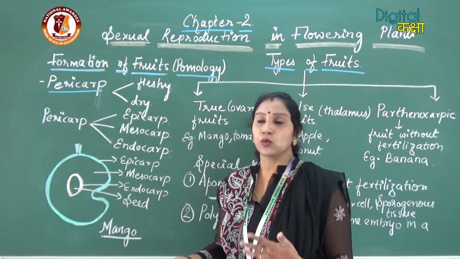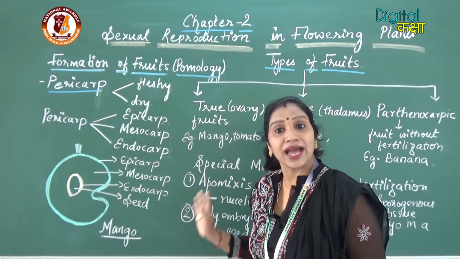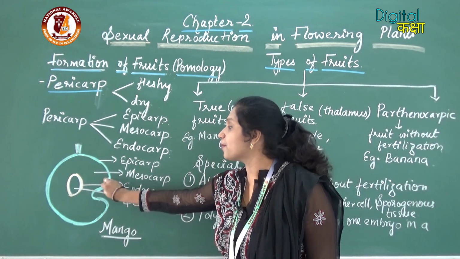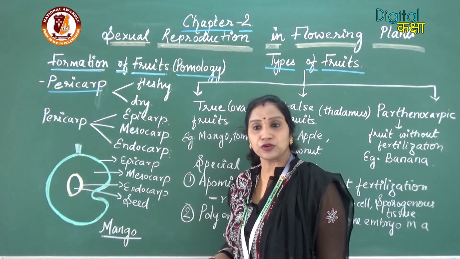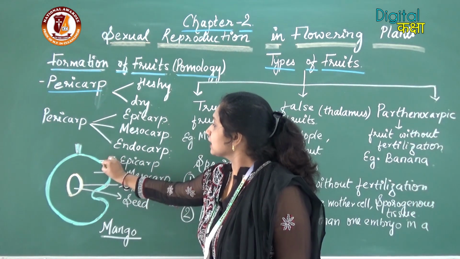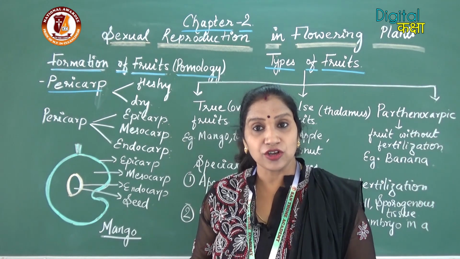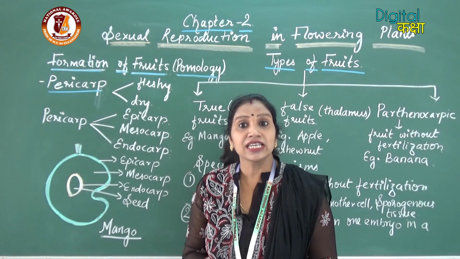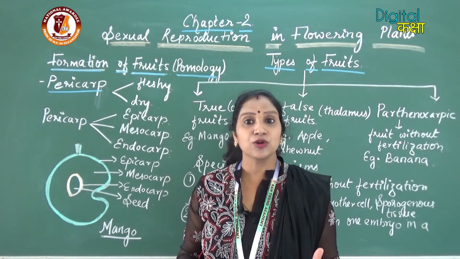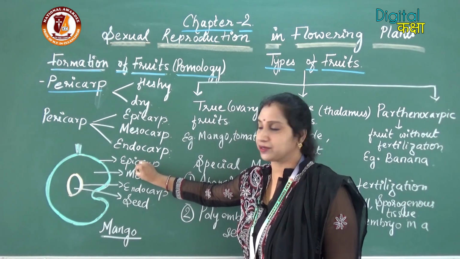So let us see what these epicarp, mesocarp and endocarp are by taking the example of a mango fruit. Here is the structure of a mango fruit. You can see the outer green covering of the mango, and in case of ripe mango the outer yellow part, that is the epicarp.